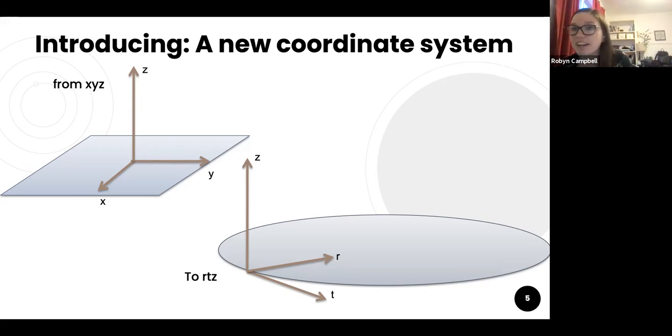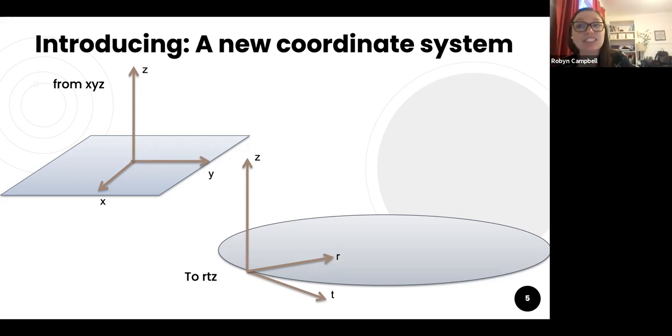We define this new coordinate system that we call the RTZ coordinate system. R, predictably, is the radius of the circle. An important part of these problems is to identify where your circle is and point the R axis towards the center of that circle. Then, 90 degrees to that, tangent to the circle, you have the t-axis.